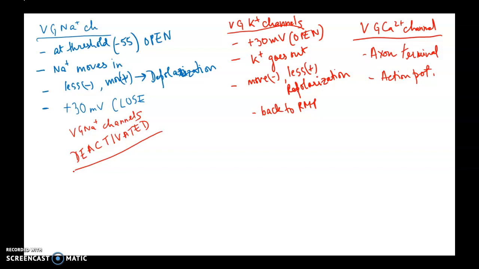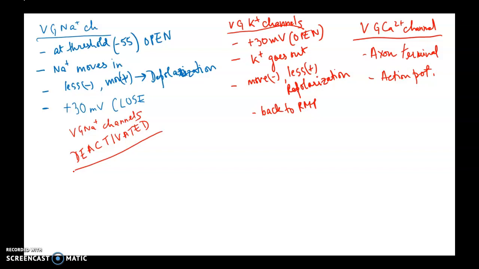Voltage-gated calcium channels are present in the axon terminal, and they open in response to an action potential. I want you to see one thing. The opening of the voltage-gated sodium channels and the voltage-gated potassium channels are different.